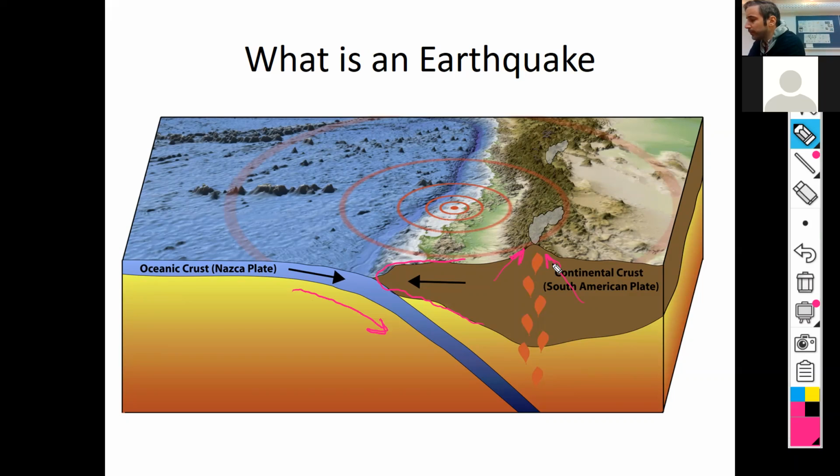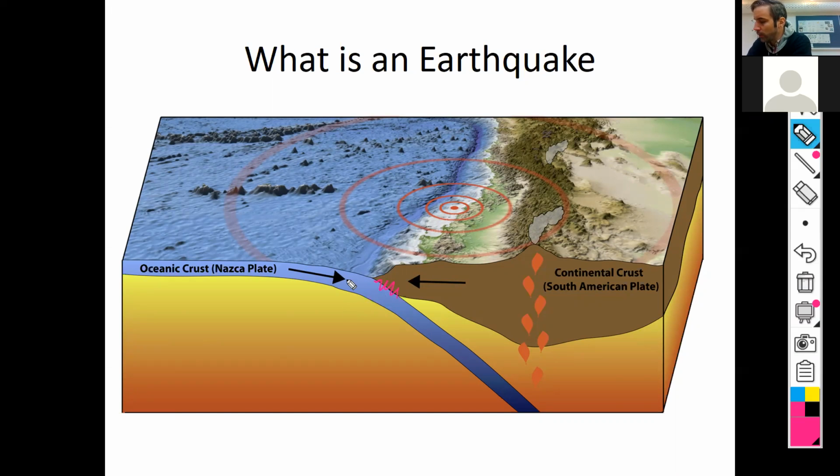And of course, this process is not frictionless. We're talking about millions and millions of tons of rocks, entire continents moving towards each other, and where they do make contact, there is a lot of friction. So they don't simply slide against each other, right?